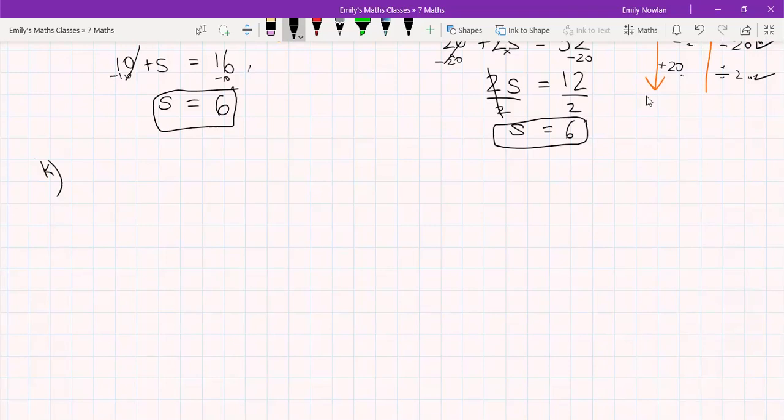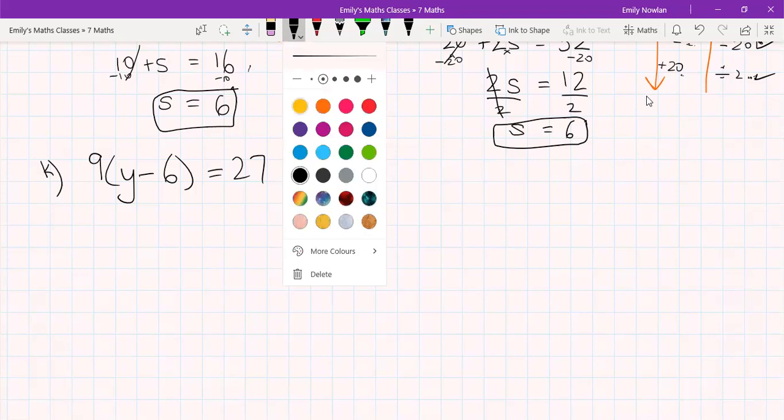So K, the question is 9 outside of y minus 6, close brackets, is equal to 27. Some of you will get the answer straight away, which is great. But let's do it, showing how to do the process.